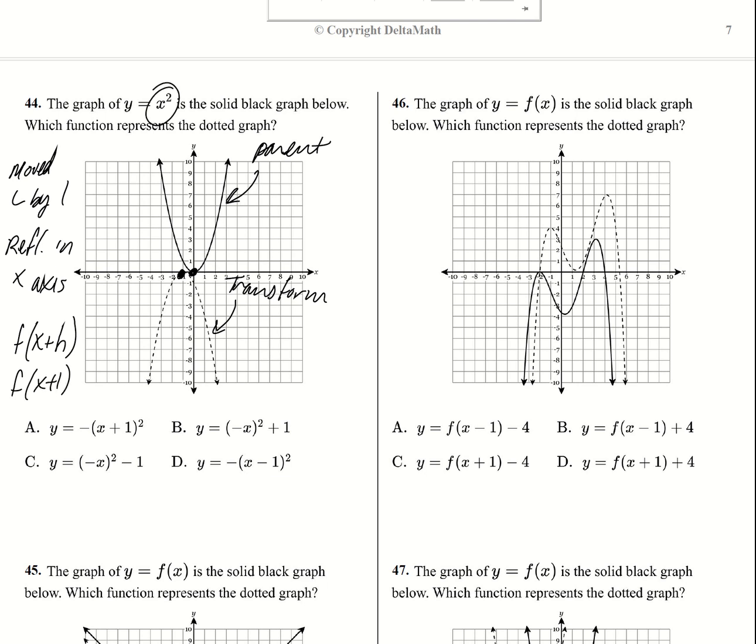And since f of x is x squared, it should look like x plus 1 squared. So anything not having that is not the right answer. Because again, we just plug that into the equation. So b is wrong. This would be moved to the right. The 1 isn't even in the parentheses. So the only possible answer here is A. Now, reflection on the x-axis, you just put a negative sign in front of f of x. So this is exactly right.